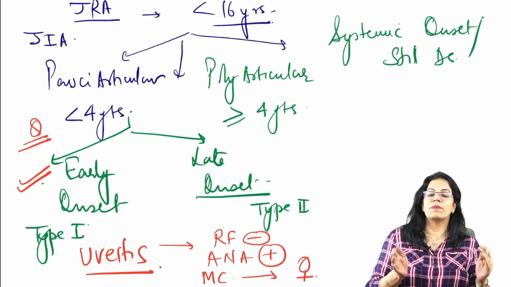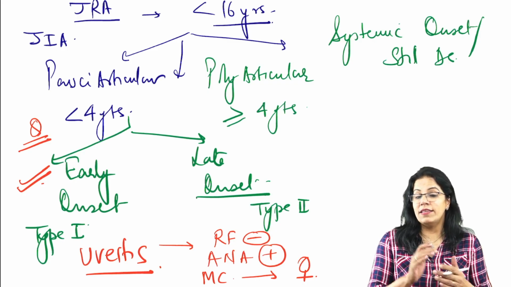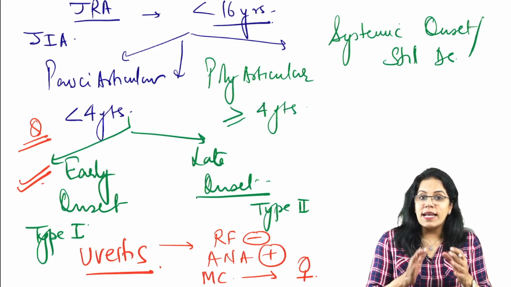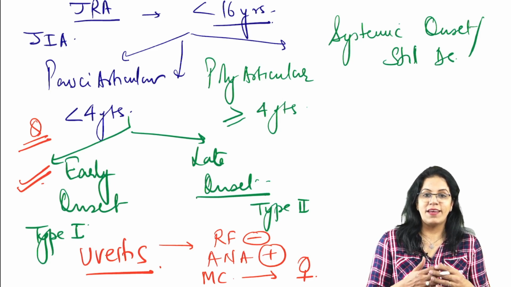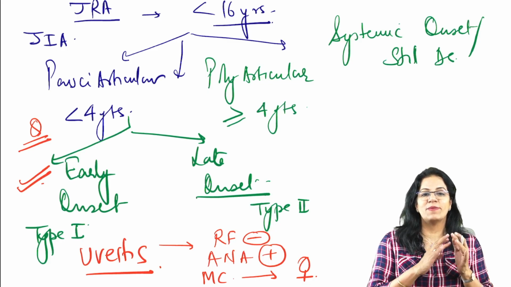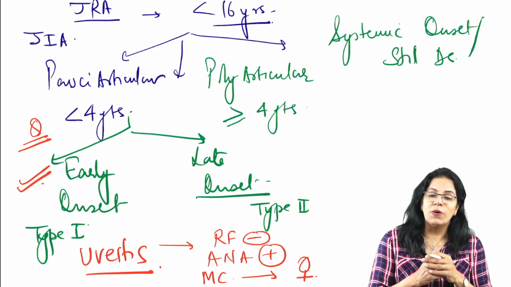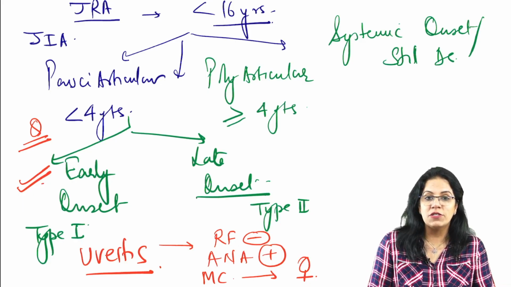So these are some important points regarding juvenile rheumatoid arthritis. But another interesting point, though it is an anterior uveitis, do you all remember how an anterior uveitis presents? I have taught you like 5 fingers: pain, redness, photophobia, blepharospasm, discharge. Now what you have to remember here is that all these 5 features are absent.